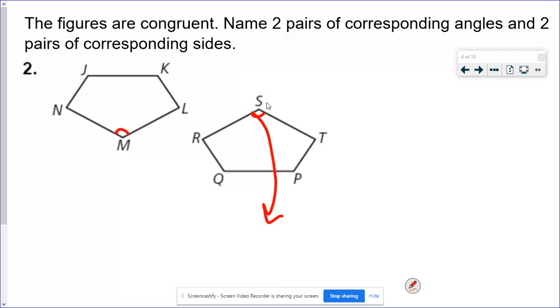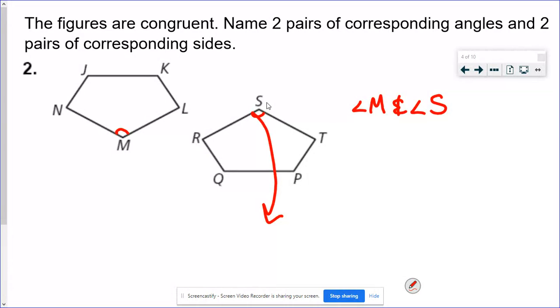Because we can see that angle M and angle S are matching, let's just pick that as one of our first angles, angle M and angle S. Then, as long as I've got it written this way, we're going to just pretend like the second shape is going to flip so that the top goes down to the bottom. So then I could pick other angles that would match up.